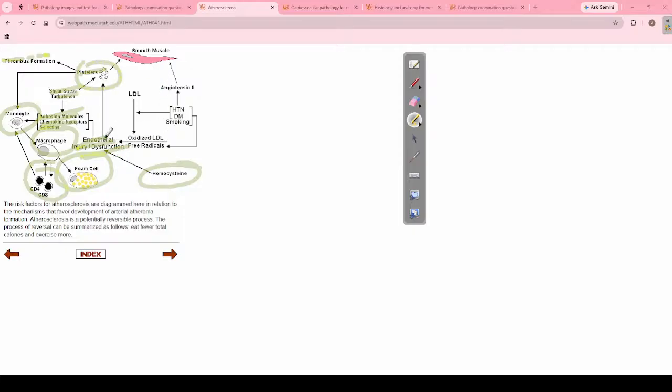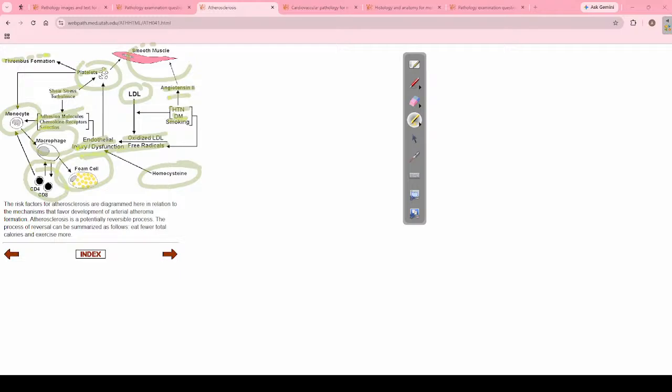So before endothelial injury occurs, you actually require LDL. LDL is one of the biggest culprits for atherosclerotic lesions in the vessels. These LDL will get oxidized, along with free radicals, due to conditions like hypertension, diabetes mellitus, smoking, all of which also stimulate the angiotensin receptors.